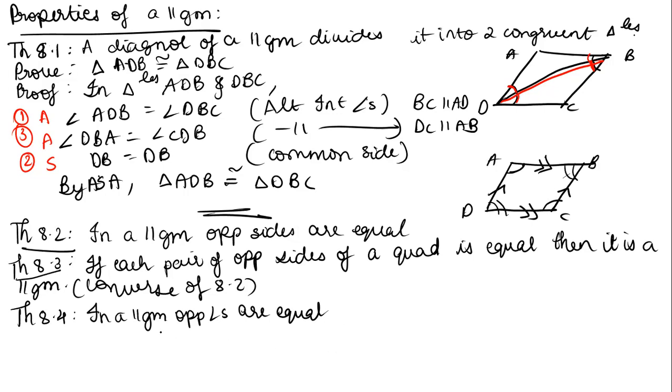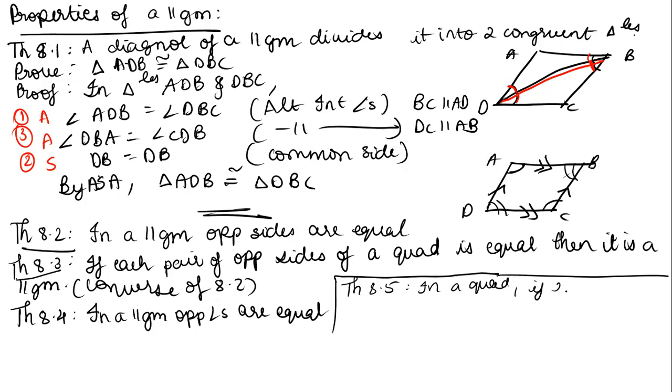Now moving on to theorem 8.5, I'll write it here itself. So theorem 8.5 states that in a quadrilateral, if each pair of opposite angles is equal, then it is a parallelogram.